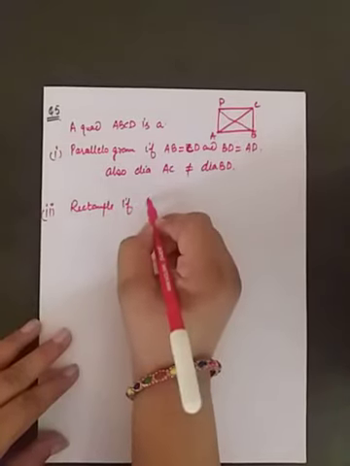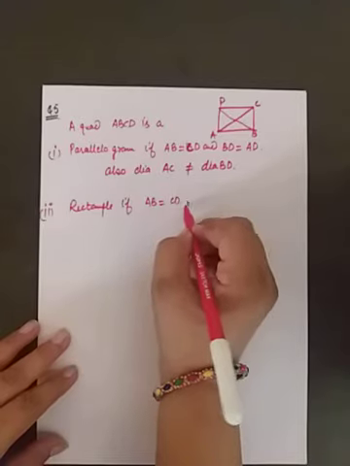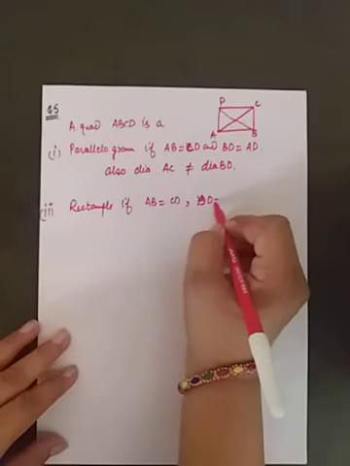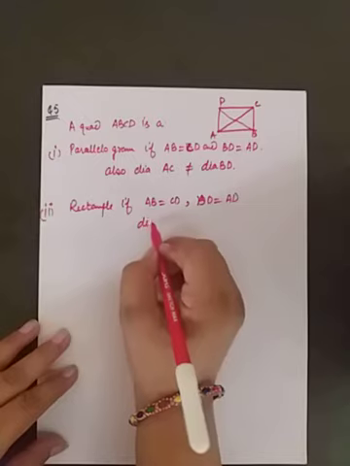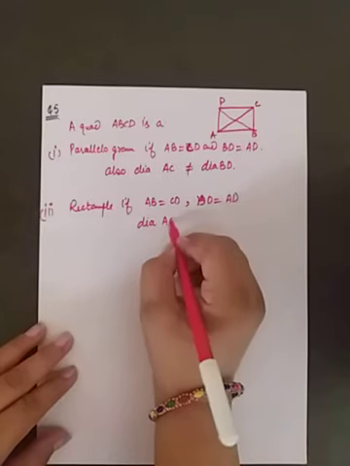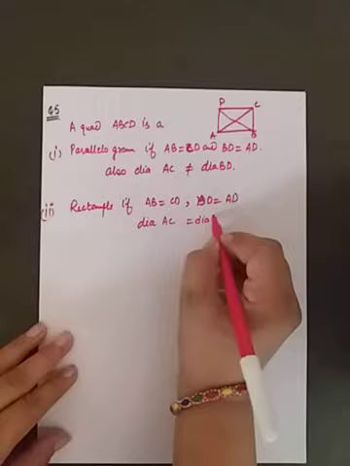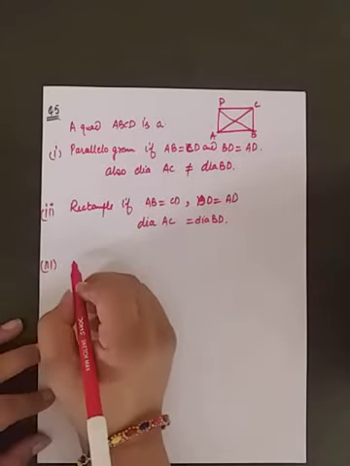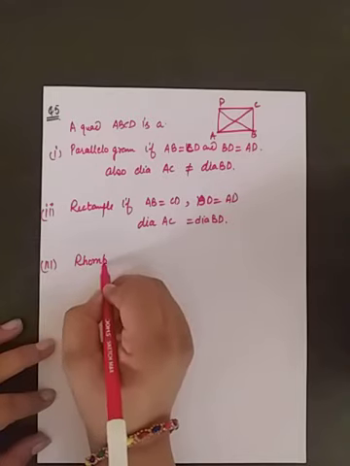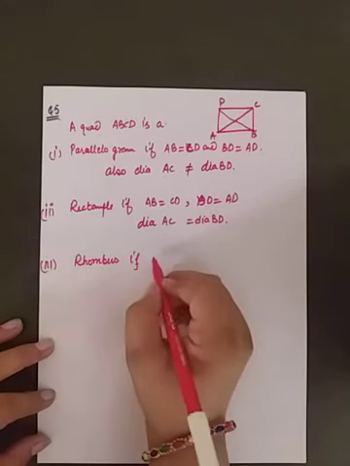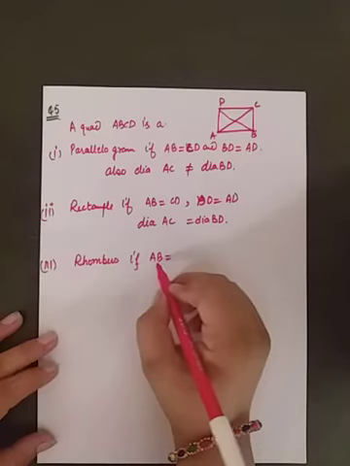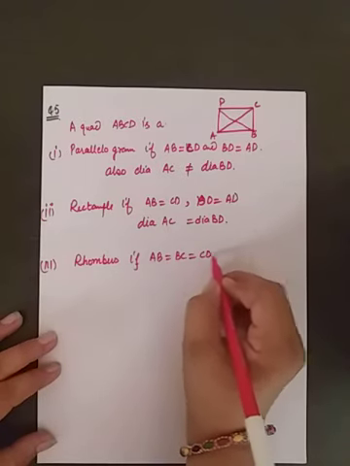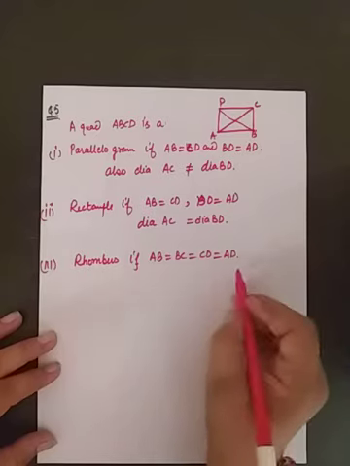if, again for a rectangle the lengths of opposite sides are equal, but for a rectangle the diagonals are also of the same length, meaning diagonal AC will be equal to diagonal BD. You can say if in a parallelogram the lengths of its diagonals are equal, then it is said to be a rectangle. And a rhombus will be a rhombus if all the sides are of the same length, meaning AB, BC, CD and AD are all equal.